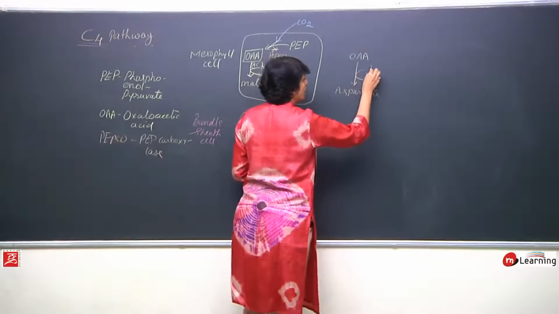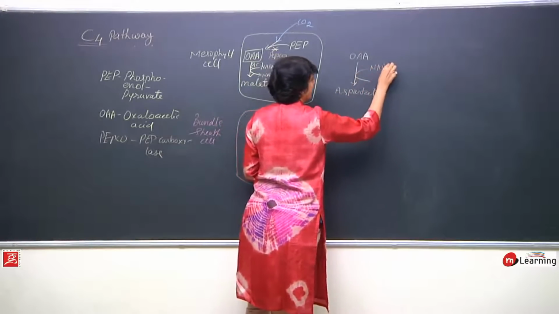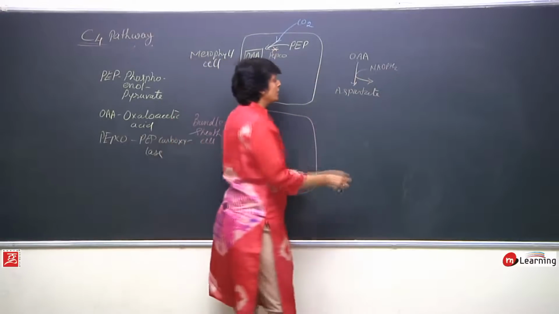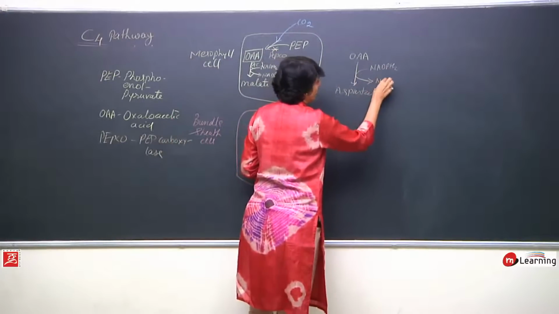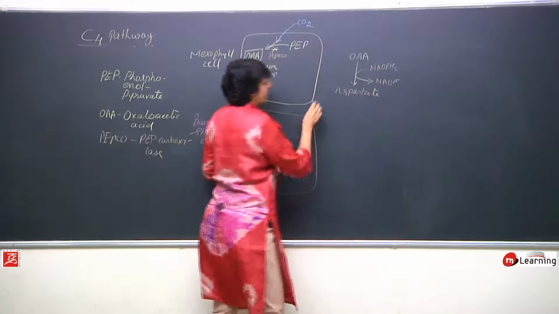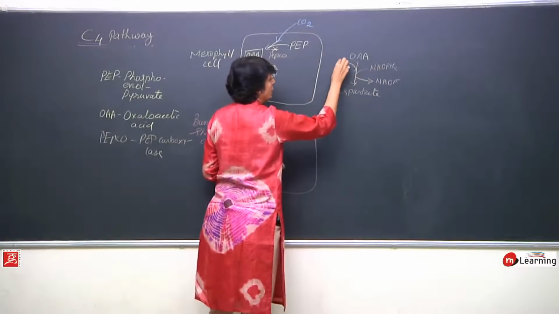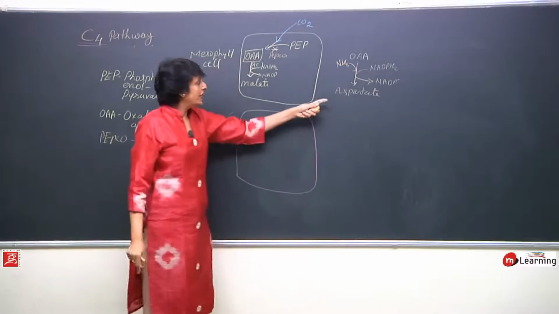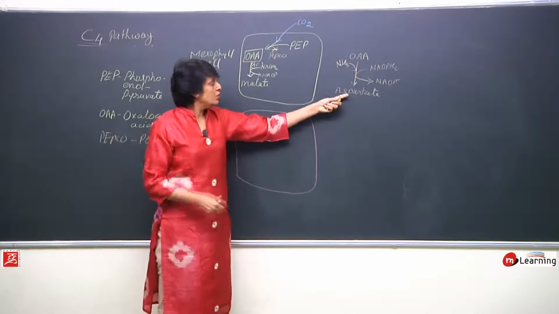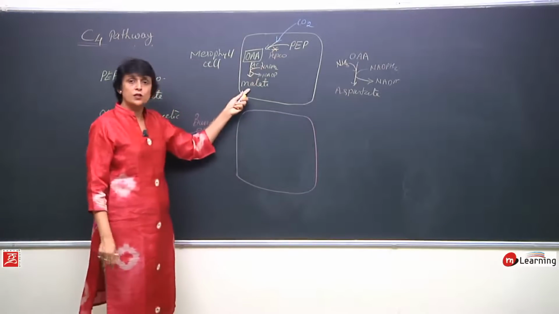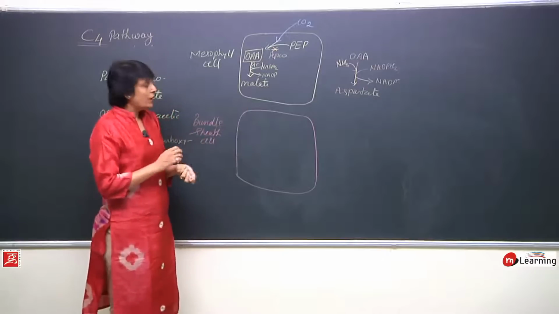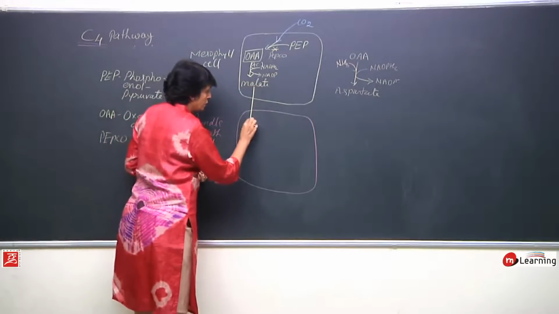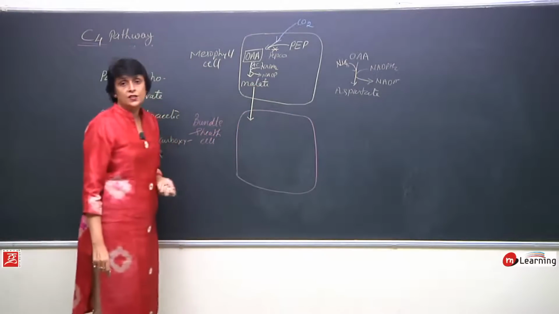Only change will be, one is the same, NADPH2, that is reduction of oxaloacetate into aspartate, and one amino group is required. So amino will get added, then it will change into aspartate, and if it is simple reduction, it will change into malate. Whatever is formed, whether malate or aspartate, they will diffuse into bundle sheath cells.